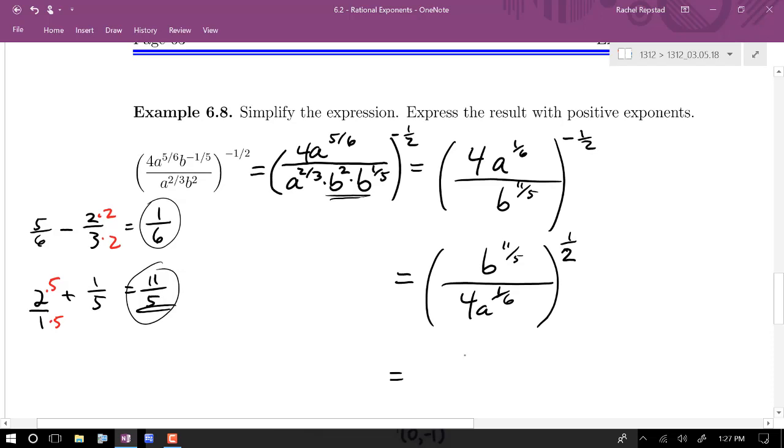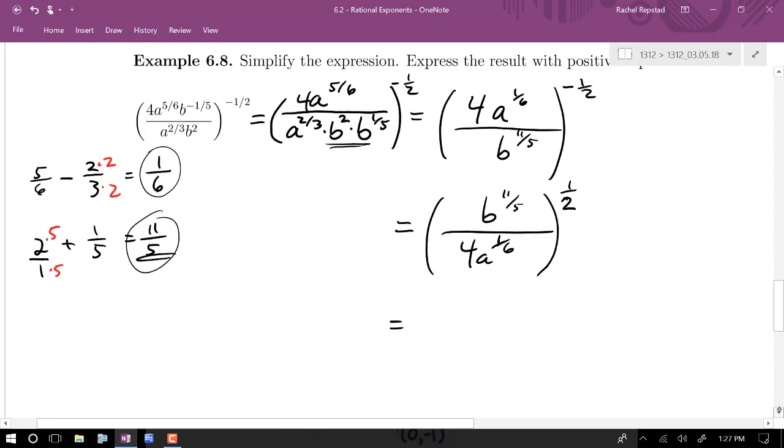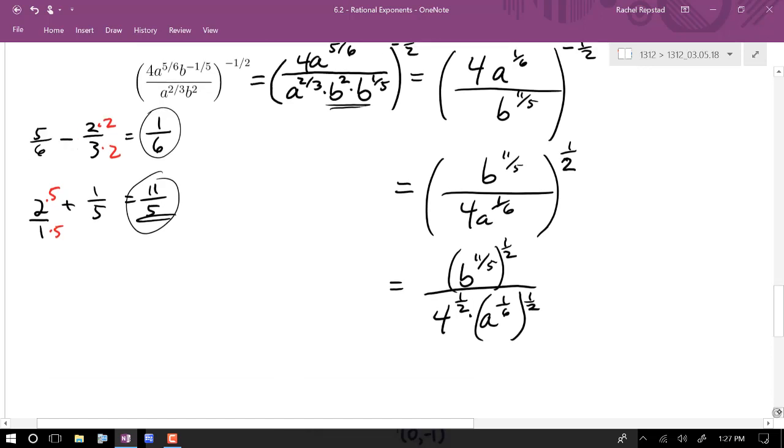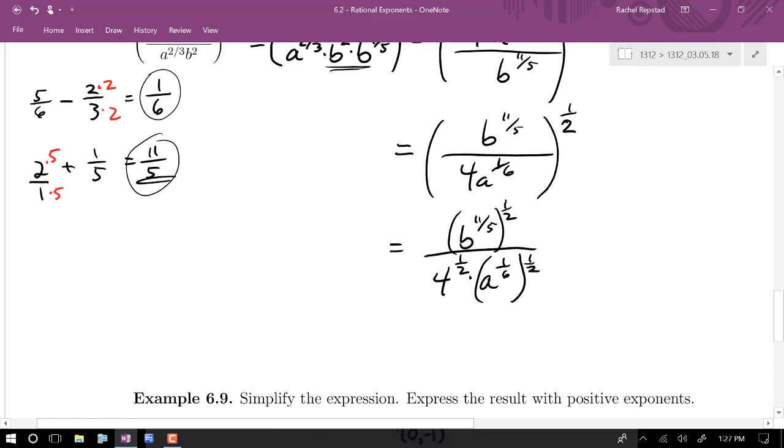And now, we still have to distribute the powers. So we have b to the 11/5 to the 1/2 power over 4 to the 1/2 times a to the 1/6 to the 1/2 power. What should we get on top?